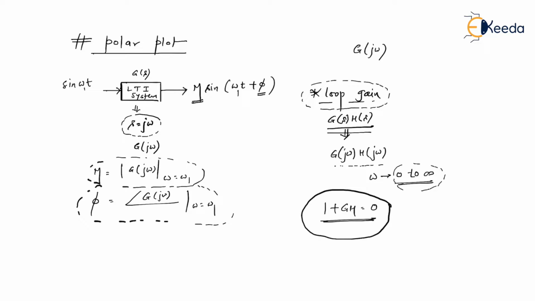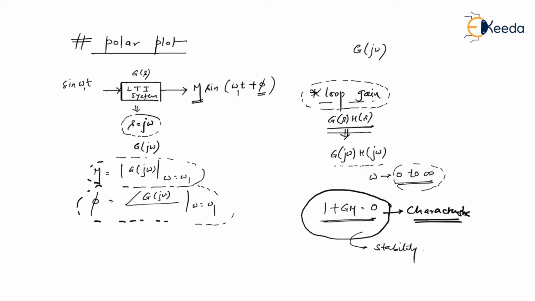And let me tell you, this is not a normal equation. This is something called the characteristic equation. Once we understand how the characteristic equation changes with the frequency, then I can understand how even the stability of the system is affected, because you know that 1 plus gh equal to 0 is responsible for giving you the location of poles. So I repeat what I said.